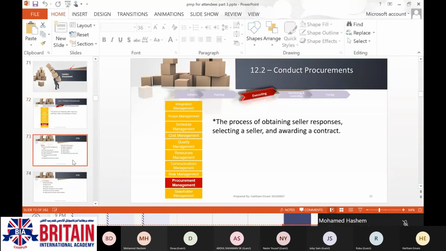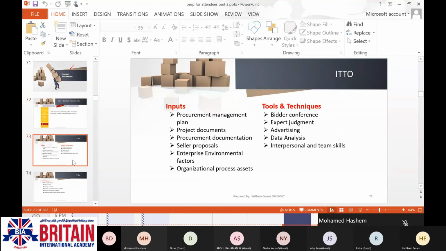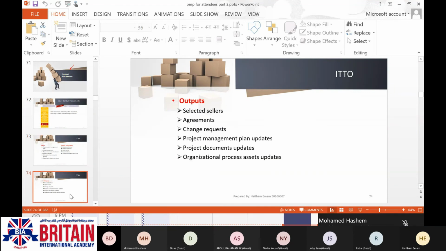Okay. Here, you can see the source selection criteria. No. That is the output of the procurement or conduct procurement, right? Yes.